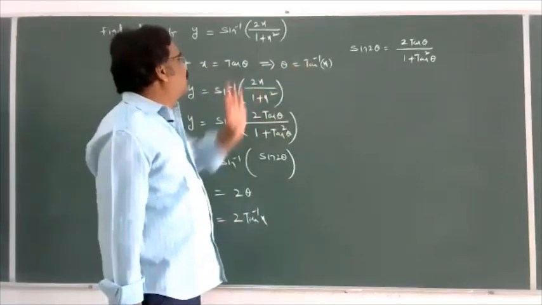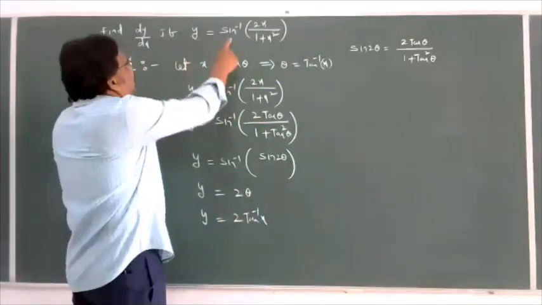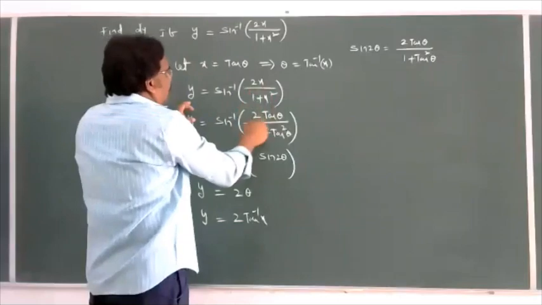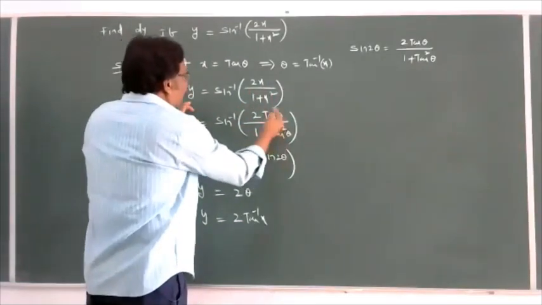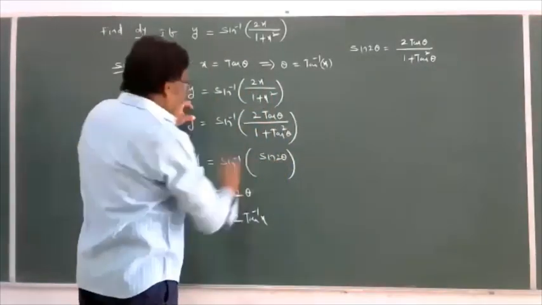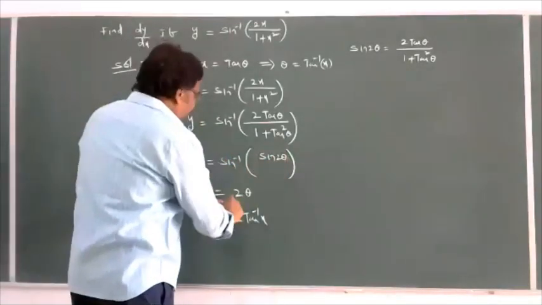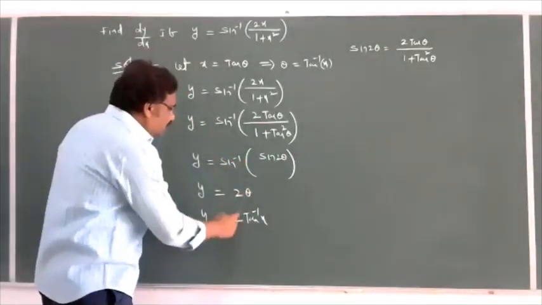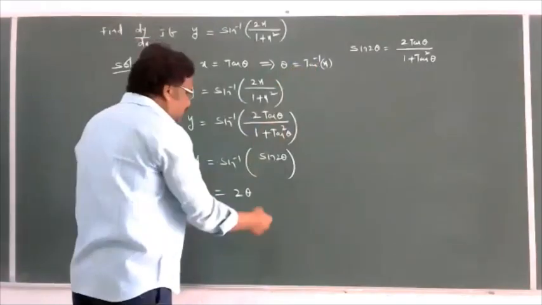From this, theta is equal to tan inverse x. So y is equal to sine inverse of sine 2 theta, which is 2 theta. Then y is equal to 2 tan inverse x.